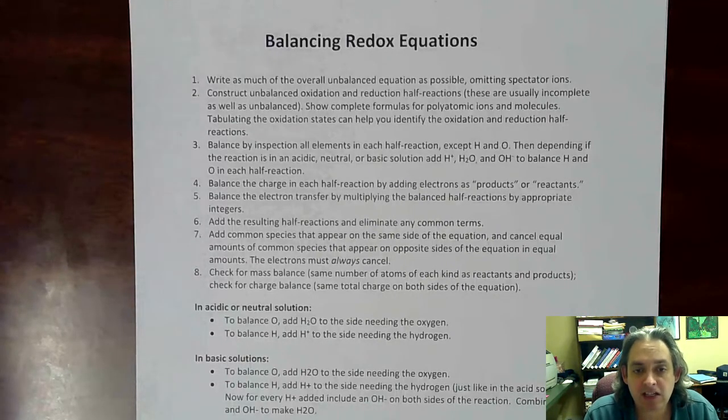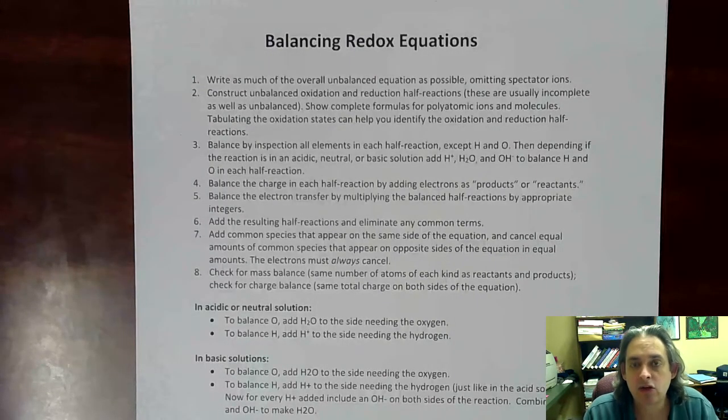Tabulate the oxidation states, which can help you identify the oxidation and reduction half reactions if you're unsure which one is which. The third step is to balance by inspection all the elements in each half reaction except hydrogen and oxygen. We're going to save those for later.